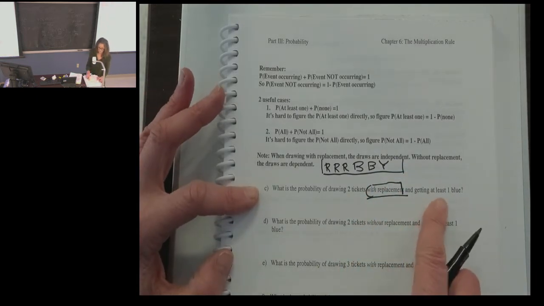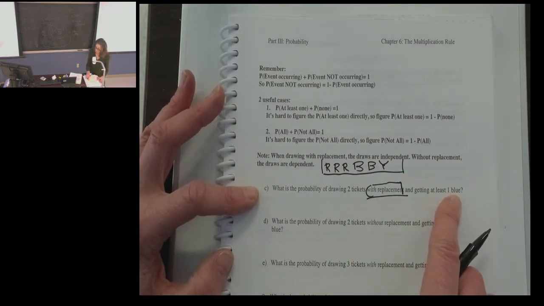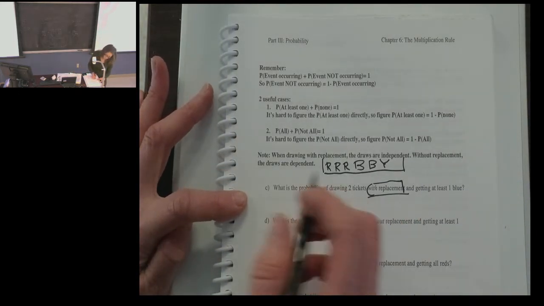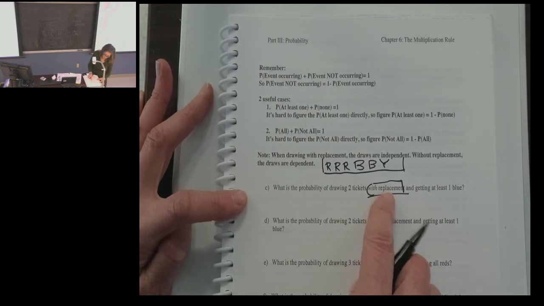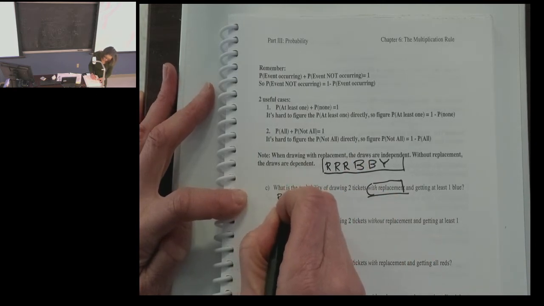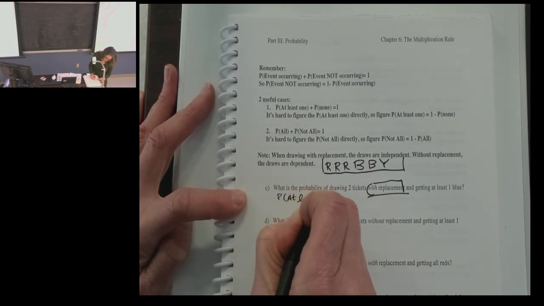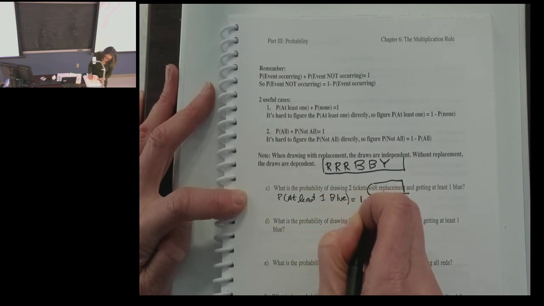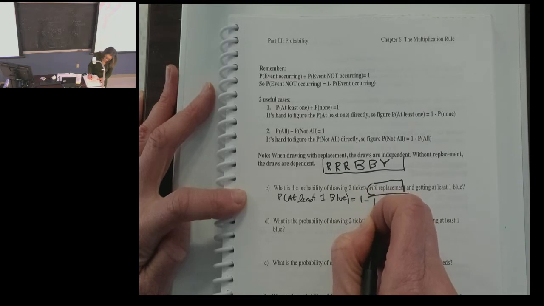What's the probability of getting at least 1 blue? So at least 1 blue, you have to think about it as, okay, what are the options here? Let's just say the probability of at least 1 blue is equal to 1 minus no blues.